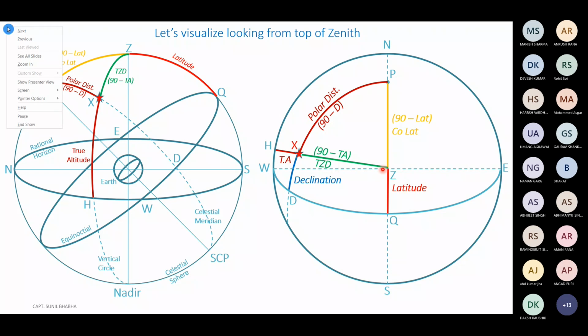Now have a good look at this diagram, beta. Let me know if any doubts. All clear?